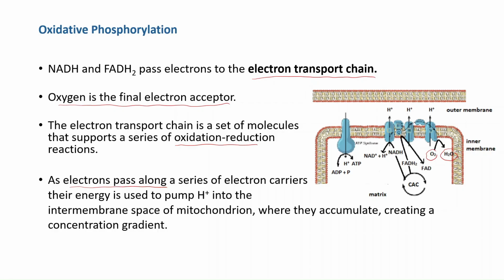But there's a few places where when you transfer the electrons from one molecule to another, enough energy has been released to pump protons, but we're going to get to that in a moment. For the time being, it's just a bucket brigade passing on the electrons, and they're located in the inner mitochondrial membrane. Okay?